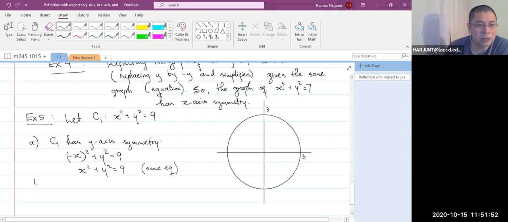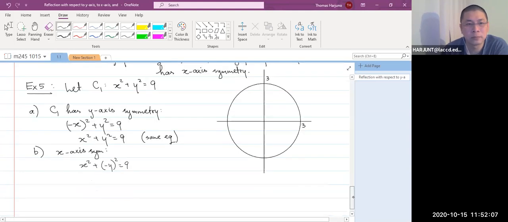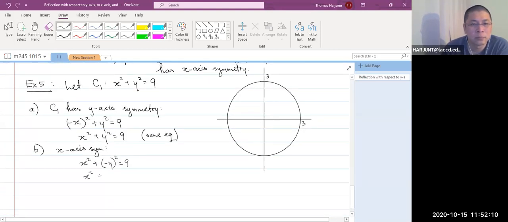How about the x-axis symmetry? Replace y by negative y and simplify. You get the same equation. So C1 has y-axis symmetry, and since this one has the same equation, C1 has x-axis symmetry.